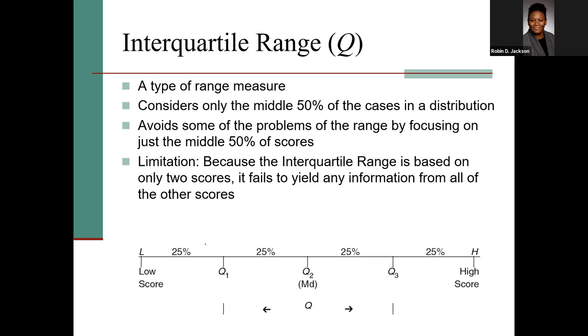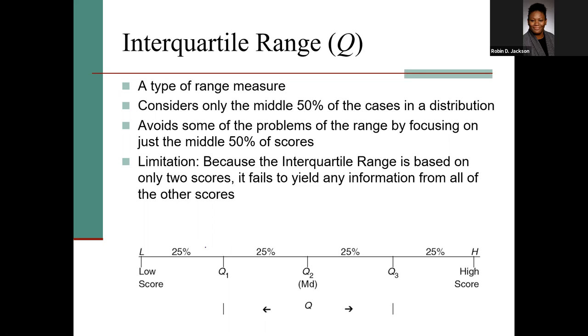Specifically, it looks at the middle 50% of cases within a data set, and it is defined as the distance from the third to the first quartile.